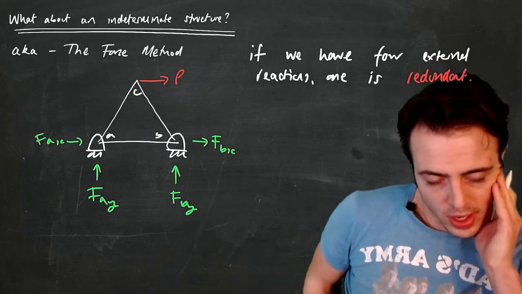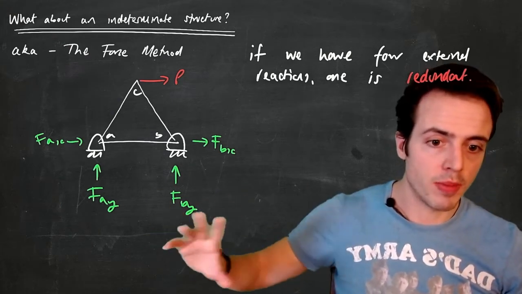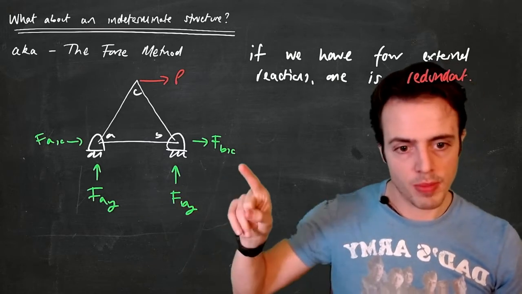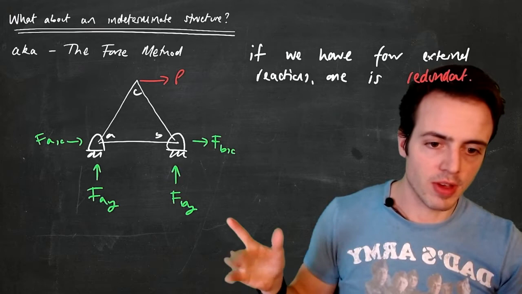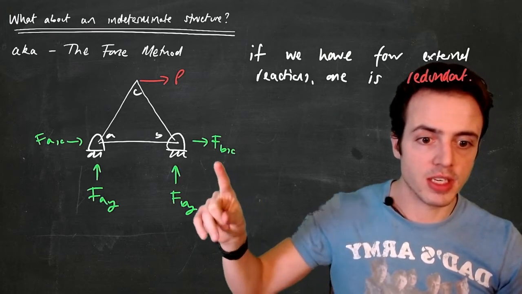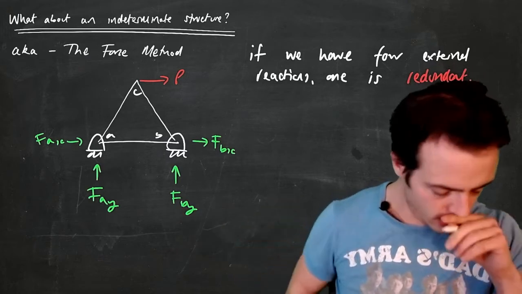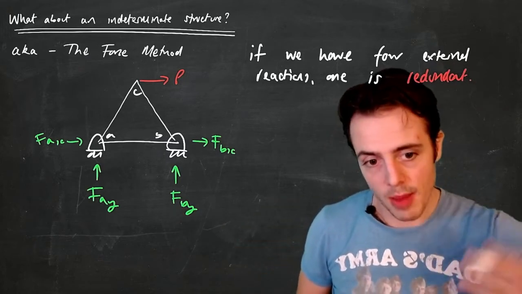So we're going to pick one to be our redundant, and it doesn't actually matter what you pick for this problem. We can pick any of them, and I'm going to choose this one right here, FBX. The reason I'm choosing this, hopefully obvious, is that we've already solved this problem using these 3 supports.